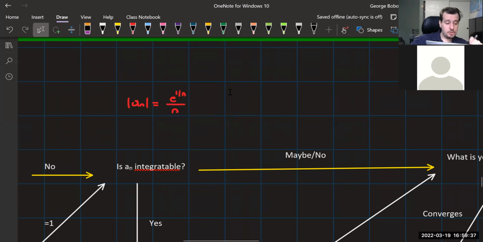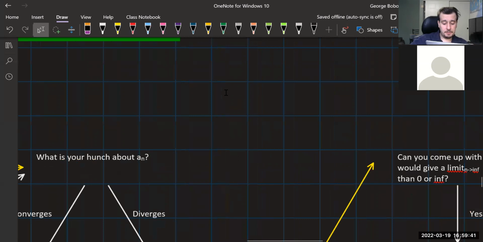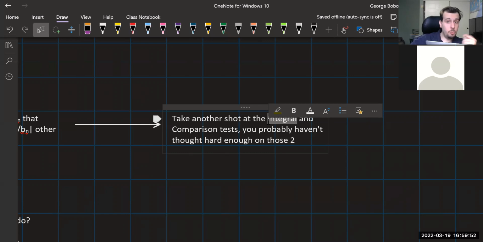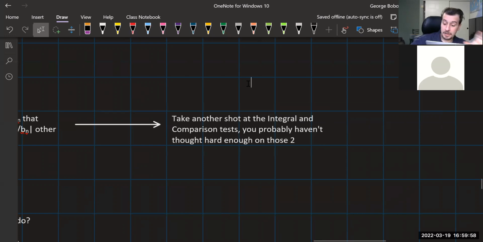And that eventually, if everything else fails here, Kelly, you'll see that in the very end, I say, take another shot at the integral test and the comparison test, because the integral might actually have been doable and you thought that it wasn't. So take another look at the integral and see if it actually is doable, right? I'm about to do that at the very end.